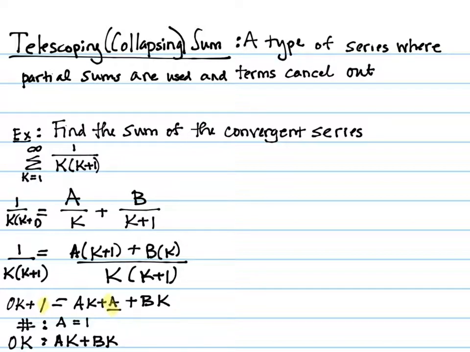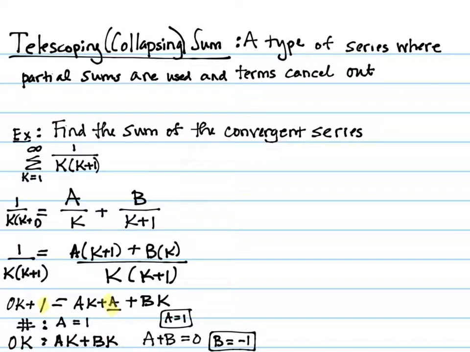So what does that actually mean? It has to mean that the a plus the b has to equal 0 in order for this to balance out. And I know that a is 1, right? That's what I just found out a moment ago. So what will b have to equal? Negative 1.